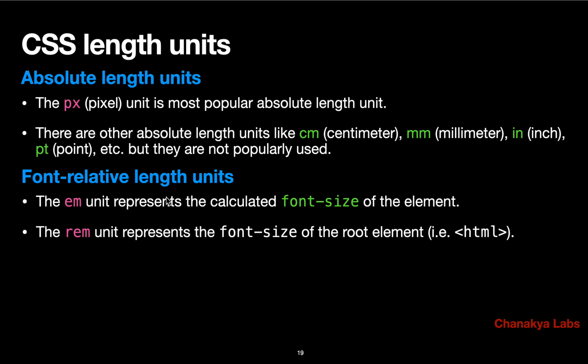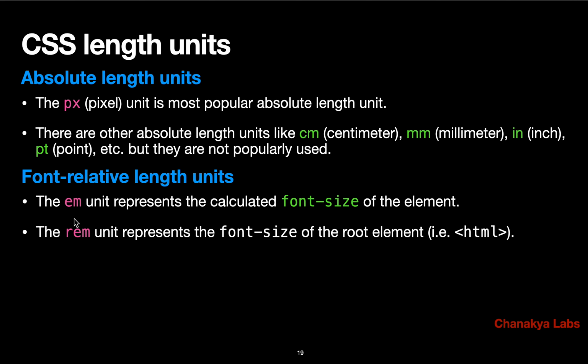Now about absolute, let me clarify one more point: pixel is one of the absolute length units. There are many others, for example centimeter, millimeter, inch, point, but generally these are not used. Mostly pixel is used, that's it.